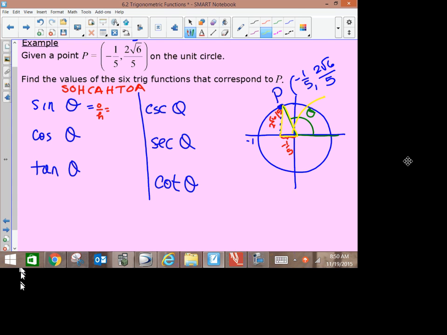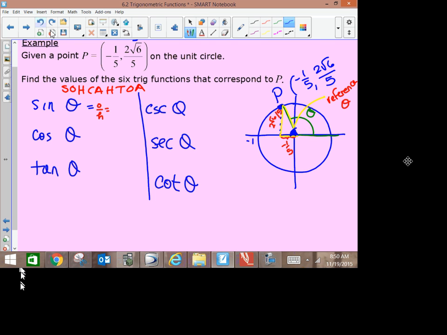This would be called our reference angle. It's not the same, but that's where we have to put it in the second quadrant. If we change everything to the first quadrant, what happens is, you don't know this yet, but this angle right here, the reference angle, is going to be the same as this angle right here.